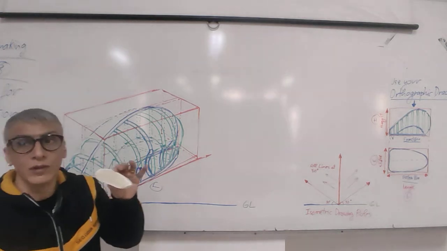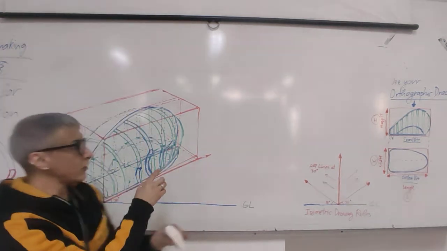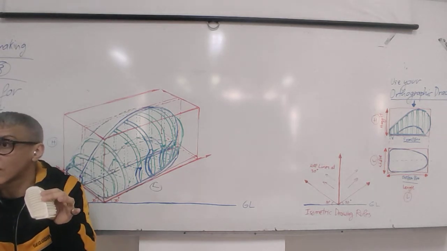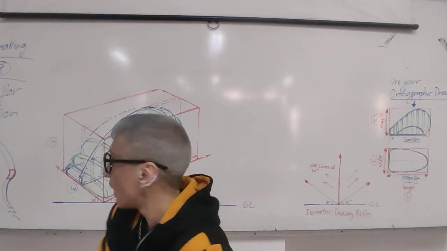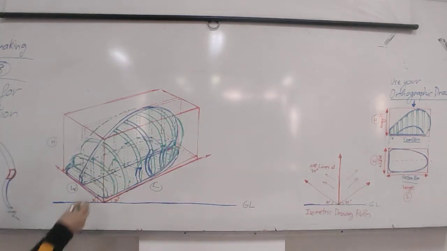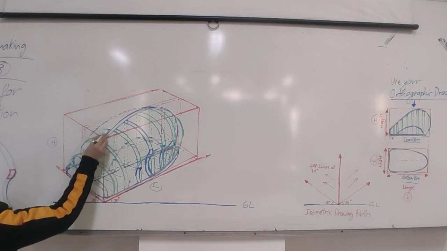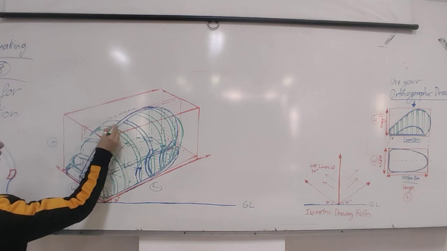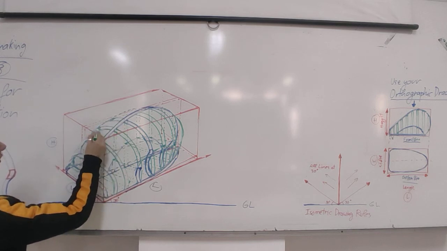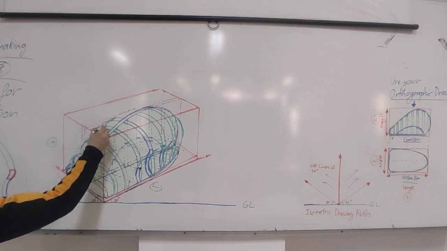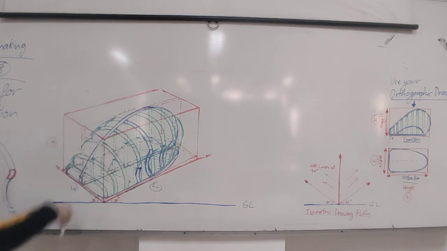But because we are doing the model, we have 30 degree lines here, so we must have 30 degree lines here, because it's the cardboard, okay? And wherever this goes down, you don't need to draw what is not being seen, okay?